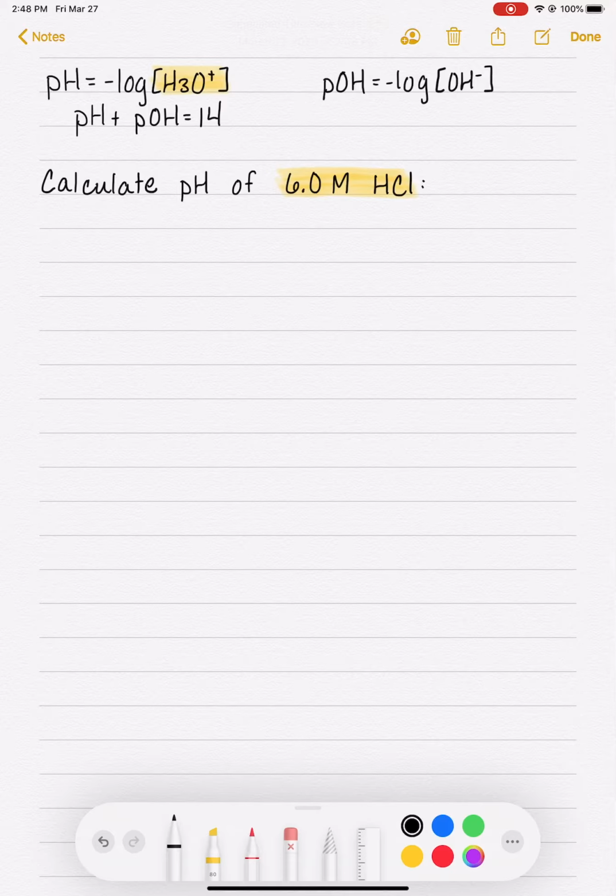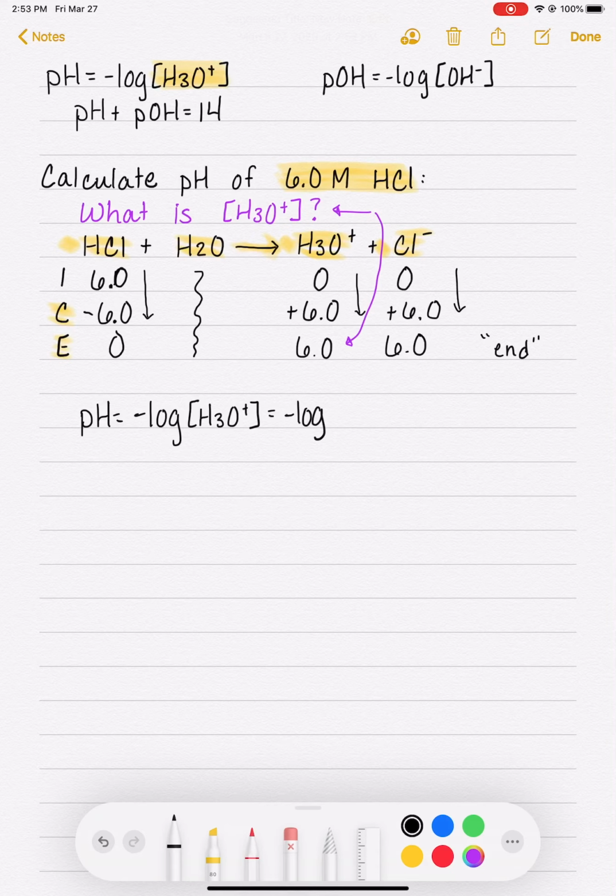pH equals negative log of H3O plus, negative log of 6. Stick that into our calculator, and I get negative 0.78.